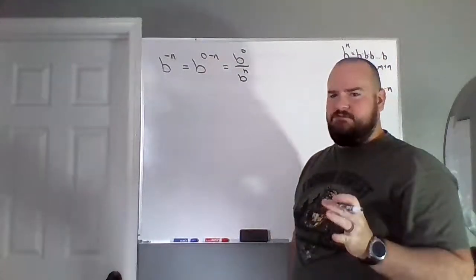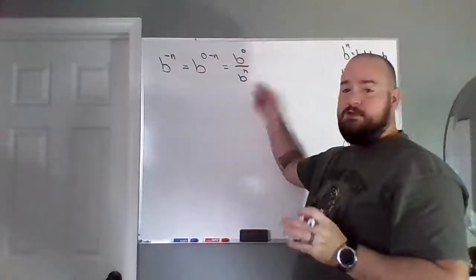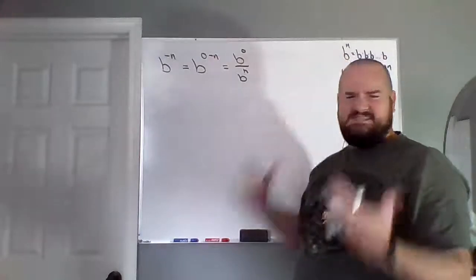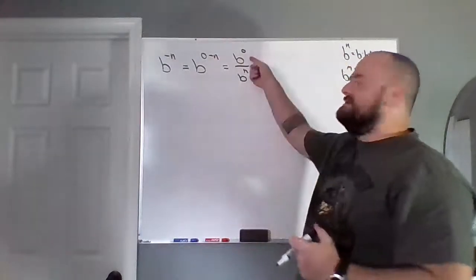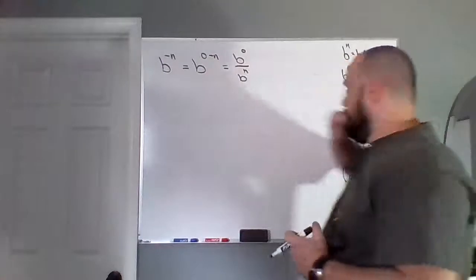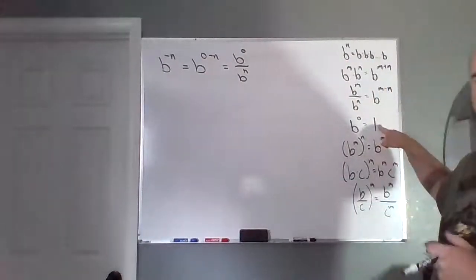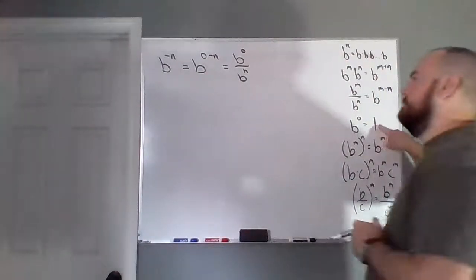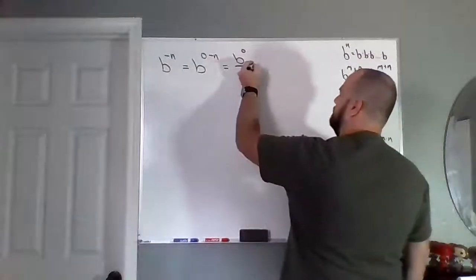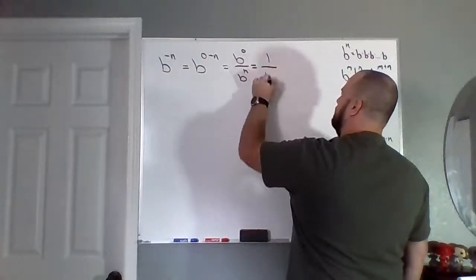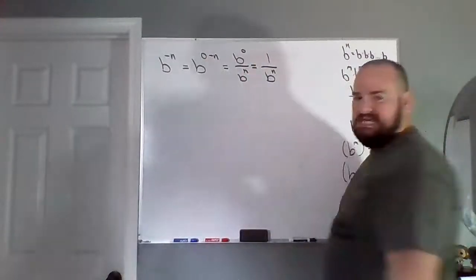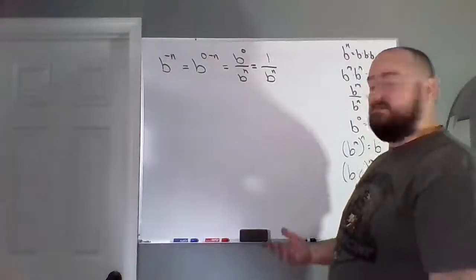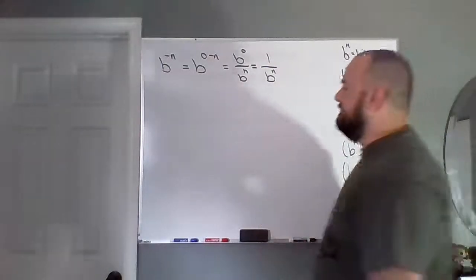Do I know anything about either of those two? B to the n, well, it's just repeatedly multiplying b, but that doesn't tell me anything new. What's b to the 0? Ooh, that's 1. So this is just 1 over b to the n. And that's our rule. That is the rule for a negative exponent.